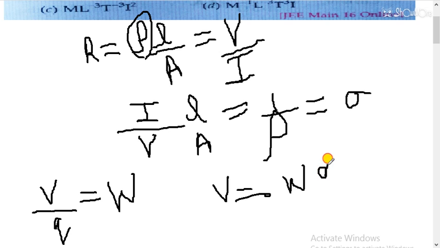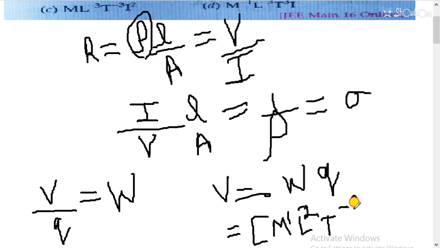Now work done has dimension force into distance, so mass into acceleration into distance. So work done has dimension M1, L2, and T minus 2. So this is the dimensions of energy or work.